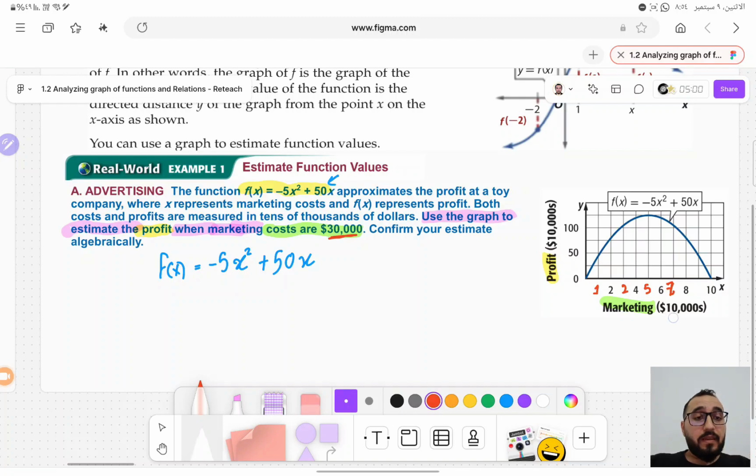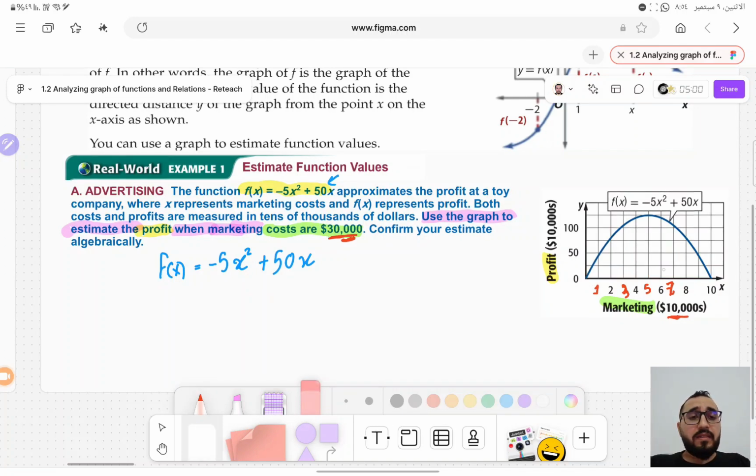It says marketing cost in 10,000, so every step is represented by 10,000. This step here is 10,000, this one is 20, then 30, 40,000, 50,000, 60,000. The question mentions 30,000, so it should be at the point 3, because this is 10, this is 20, this is 30.